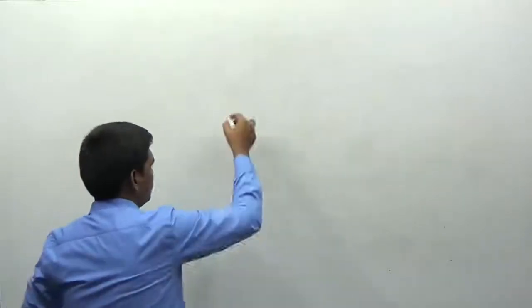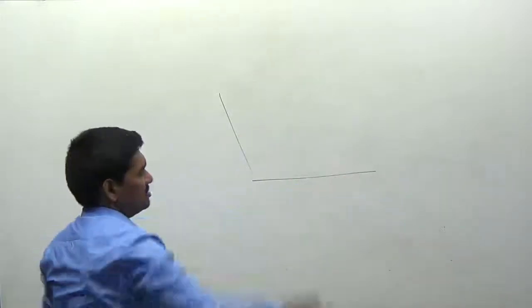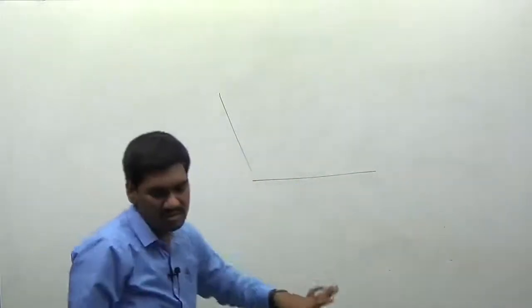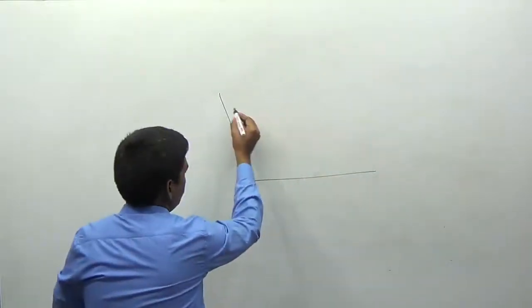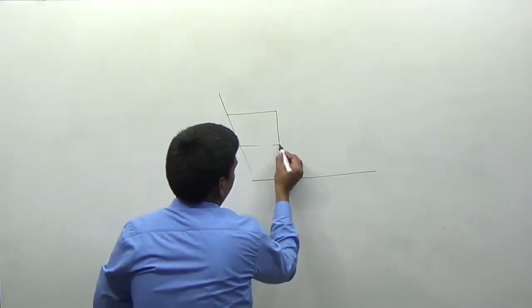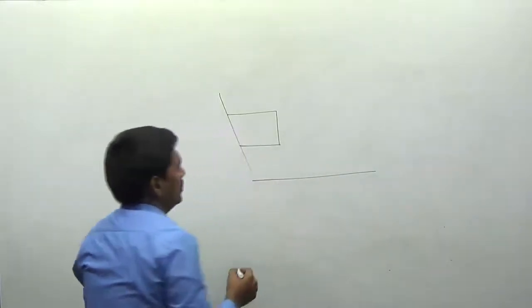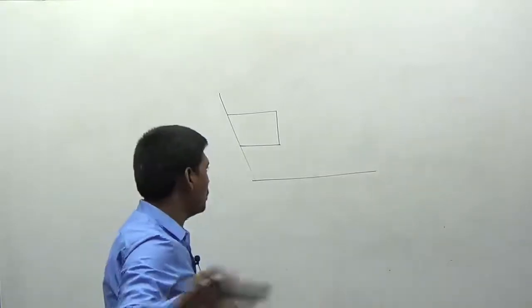Here we have this inclined surface. In the previous case we had a vertical and a horizontal surface, but here we have an inclined and a horizontal surface. We have a wedge here, and against this wedge I have a small block.